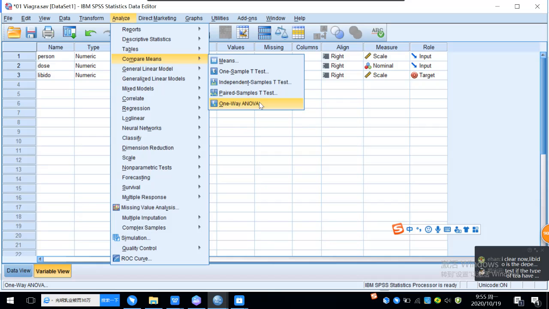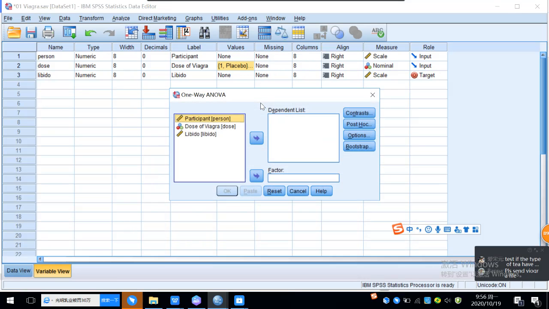For the t-test we have 1, 2, 3 methods, and today since here it has 3 levels, we can't use the t-test. We have to use the one-way ANOVA. That's why I told you it's very important to know which one is the dependent variable.